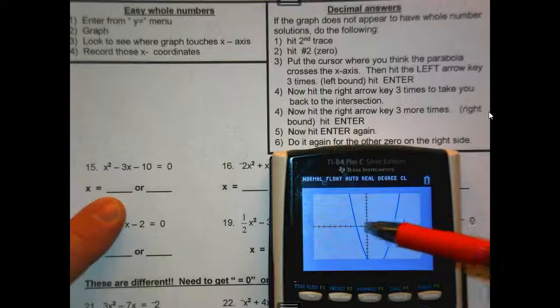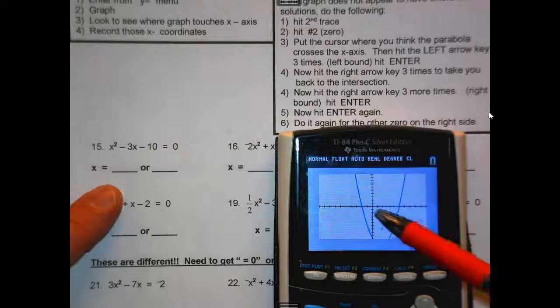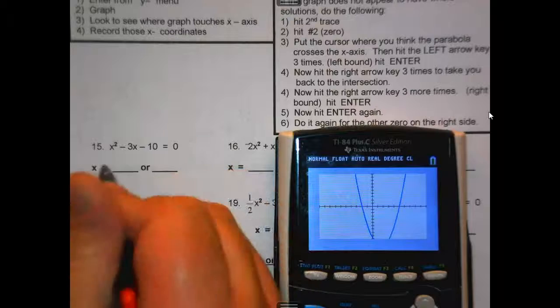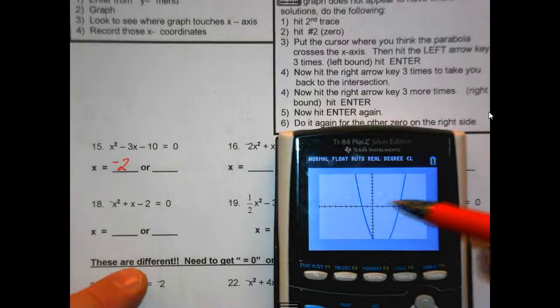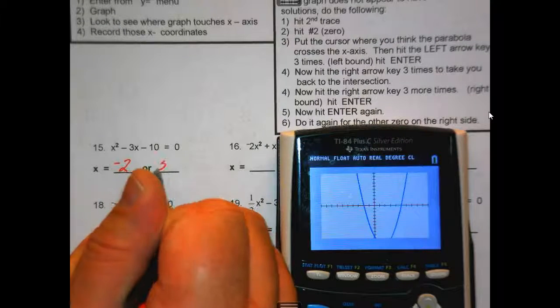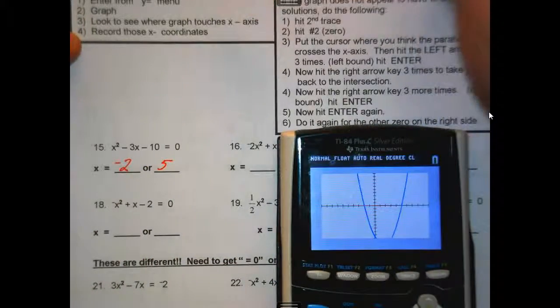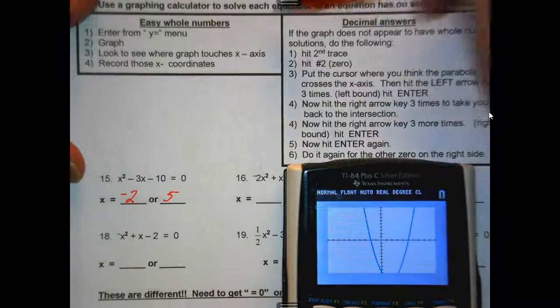We want to know these x-intercepts here. And it looks like they're zeros. They look like whole numbers. So my first one looks to be negative 2. And positive 5. Okay, that's the easy whole numbers way.